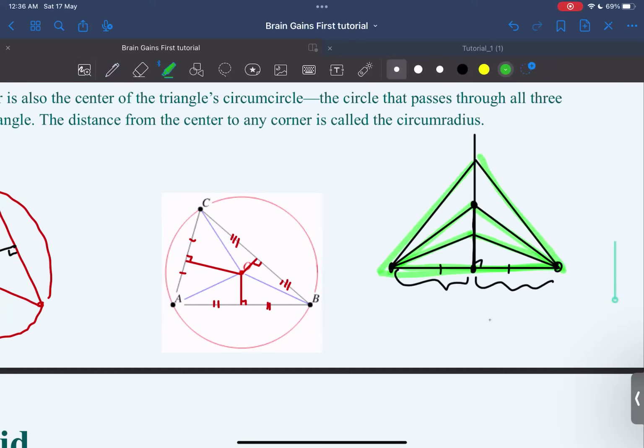So all of these triangles, you can see probably three of them, are isosceles triangles. That means this length is equal to this length, and this length is equal to this length, and this length is equal to this length. Can anybody think of why?